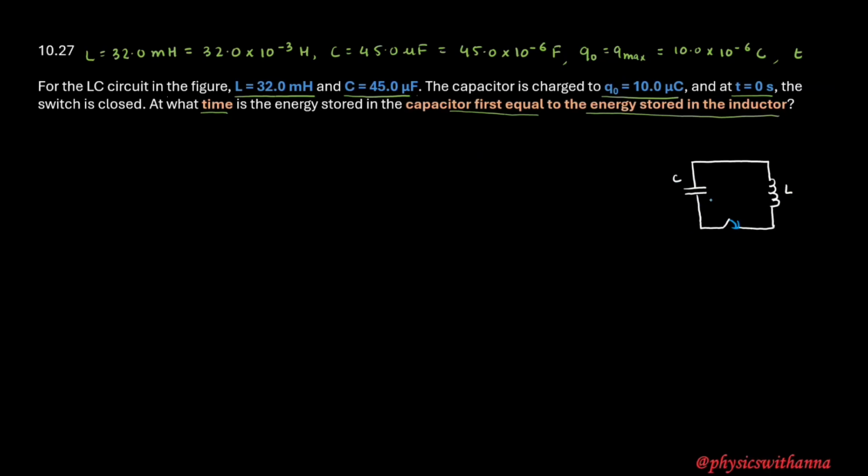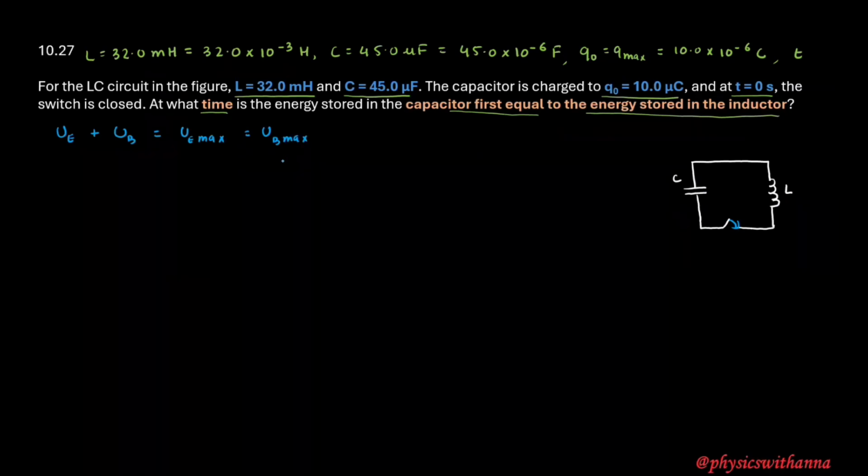But the total energy in the circuit still remains constant, and that is equal to the maximum energy stored either in the capacitor or the inductor. So I can write total energy as energy across capacitor plus energy across inductor to be equal to UE max, or you can also write this as UB max.